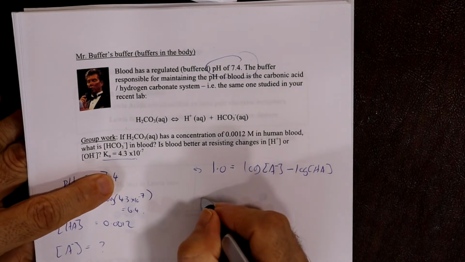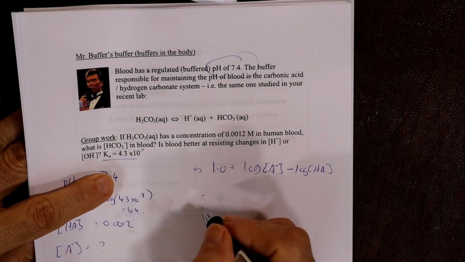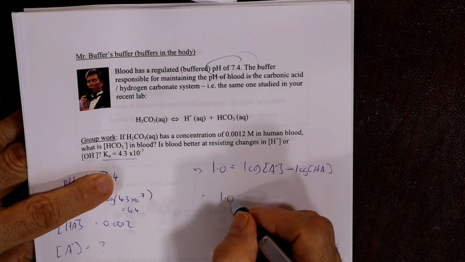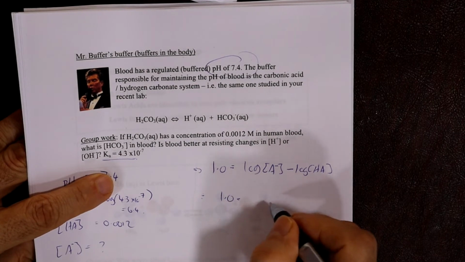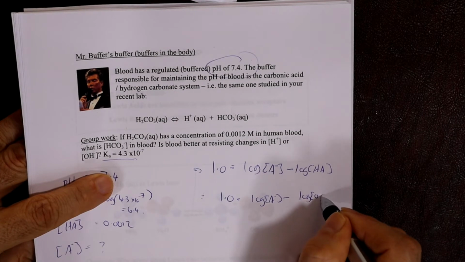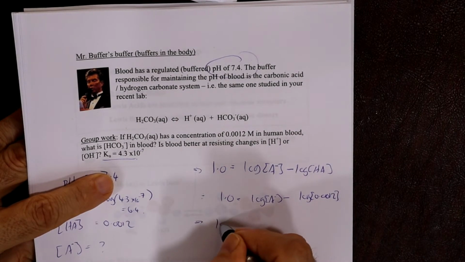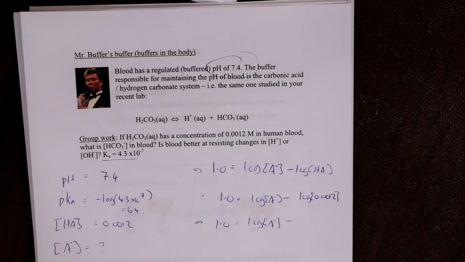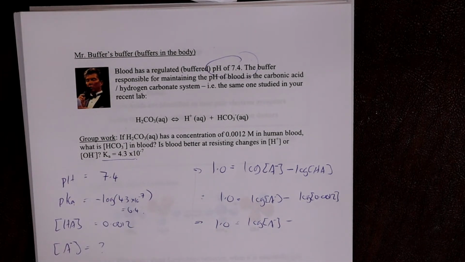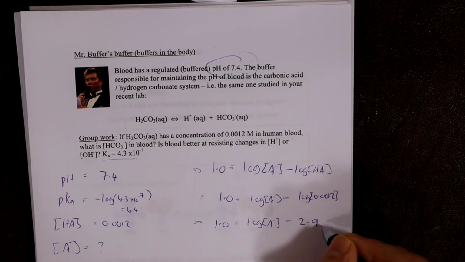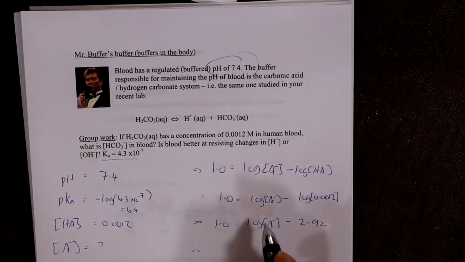So 1.0 equals log A minus minus the log of 0.0012, and the log of 0.0012 is minus 2.92.